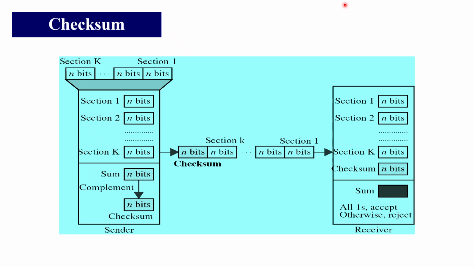Next, this total is complemented and the resulting value is appended to the end of the original data. This extra set of bits is known as the checksum. The checksum serves as the redundancy check, helping the receiver to detect if any data corruption has occurred during transmission.